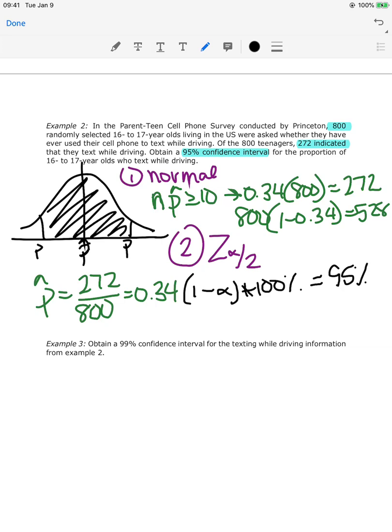Or another way you could look at this is alpha plus the given confidence level will give you 100%. Okay, so that means alpha has to be 5%, because 95% plus 5% equals 100%. So alpha as a decimal is 0.05. I am really running out of room here.